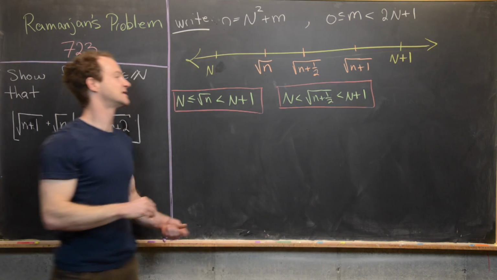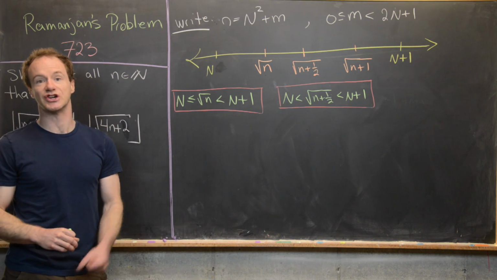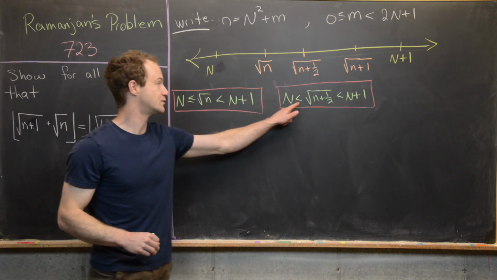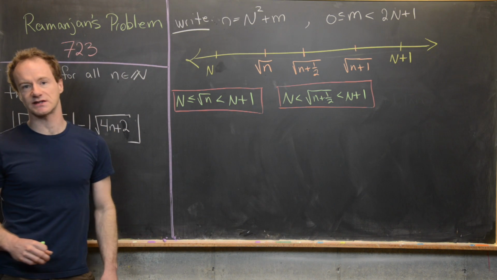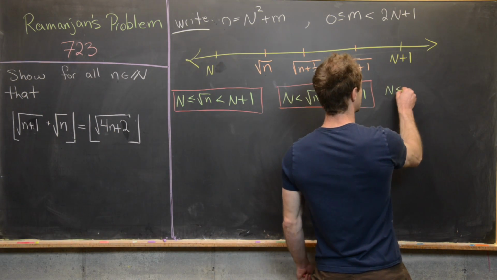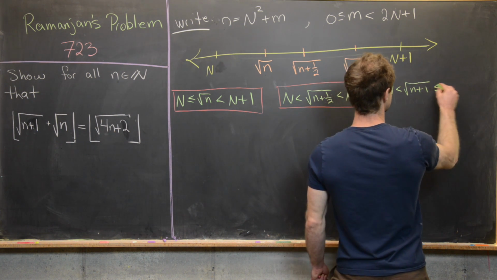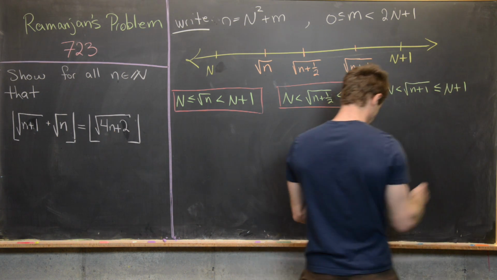Great, and that's because any non-integer rational number cannot have a square root which is a natural number, which is what we would get if we had equal signs on each of those. And then finally, we have capital N is strictly less than the square root of n plus 1, which is less than or equal to capital N plus 1.